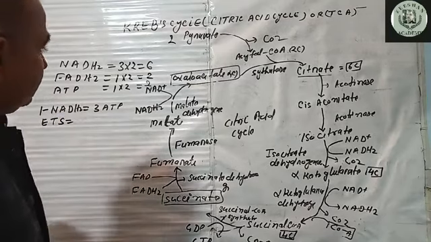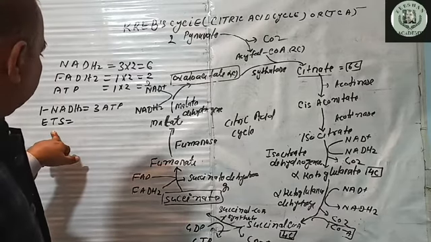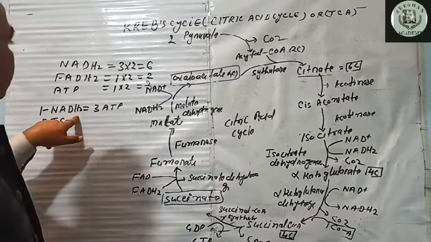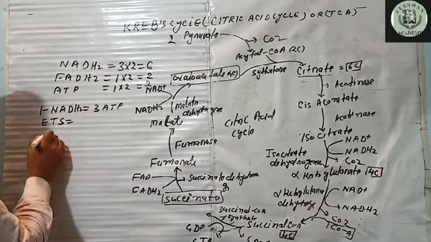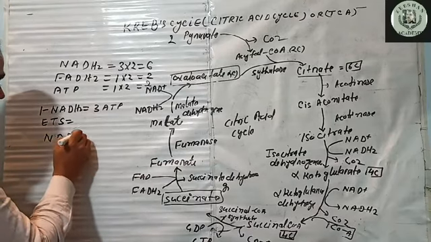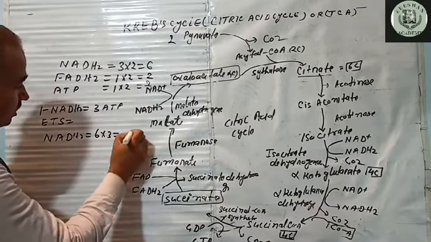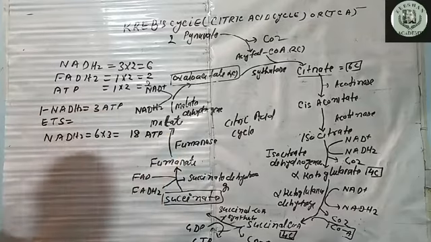So we can say that with the help of the electron transport system, 3 ATP are generated by 1 NADH2. So finally there are 6 NADH2, that is 6 into 3, that is 18 moles of ATP.